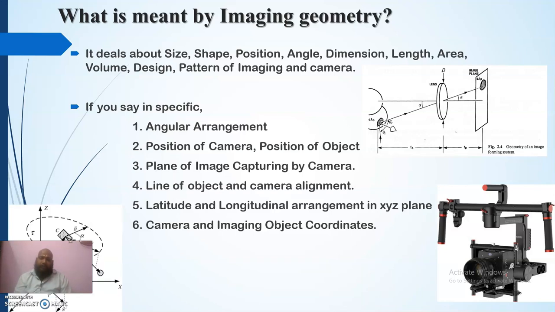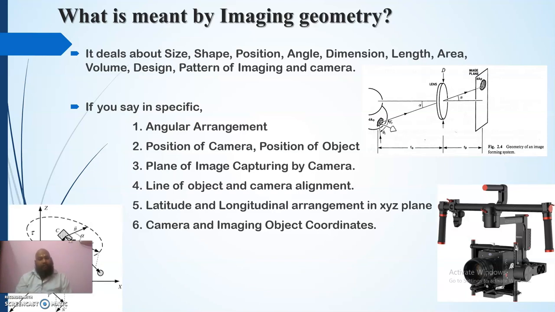So like this we can give more definitions. Next, the line of object and camera alignment. Otherwise, the latitude and longitudinal arrangement of camera and object in the XYZ plane. Otherwise, discussing camera and imaging object coordinates.